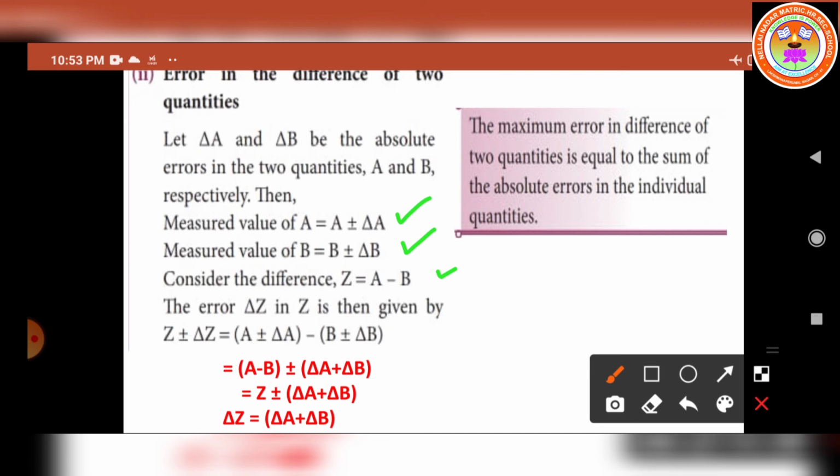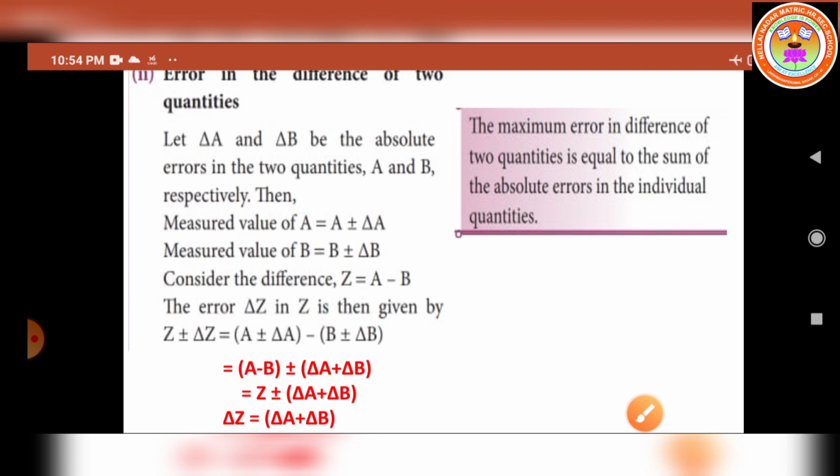The error delta Z in Z is given by Z plus or minus delta Z, so we have to write this. It is substituted in this formula, Z is equal to A minus B. So Z plus or minus delta Z is equal to A plus or minus delta A minus B plus or minus delta B. Okay. Now the minus is multiplied into this bracket term.